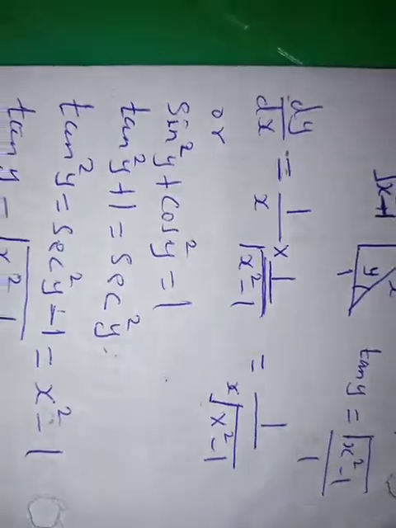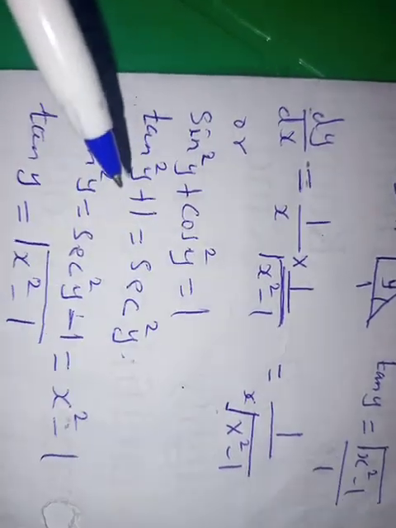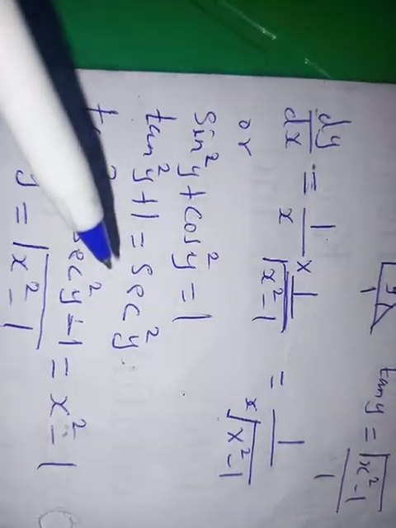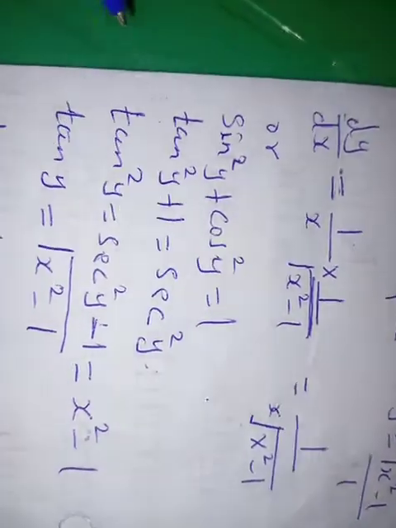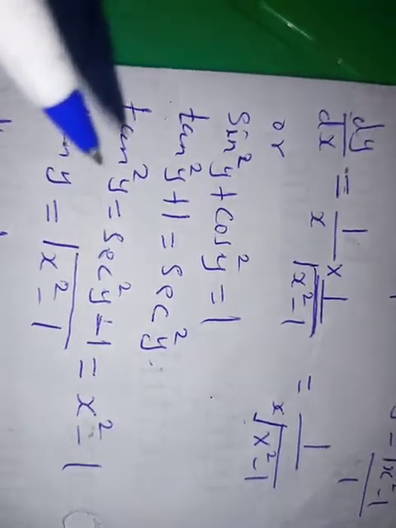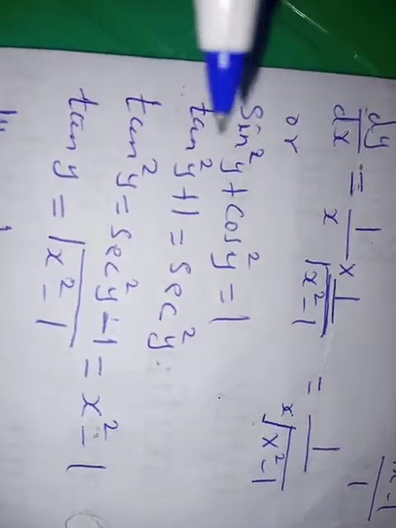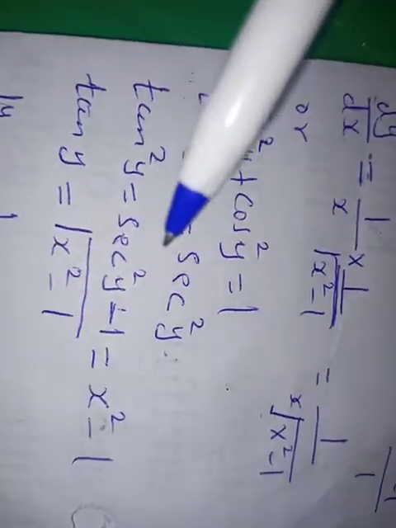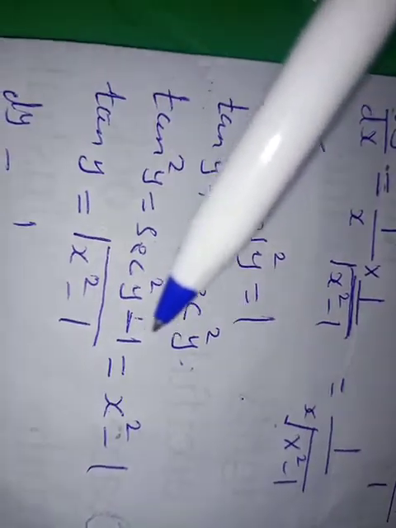Cos squared y divided by cos squared y is 1. 1 over cos squared y is sec squared y. So we take 1 to the other side, and you'll be left with tan squared y, which is equal to sec squared y minus 1.